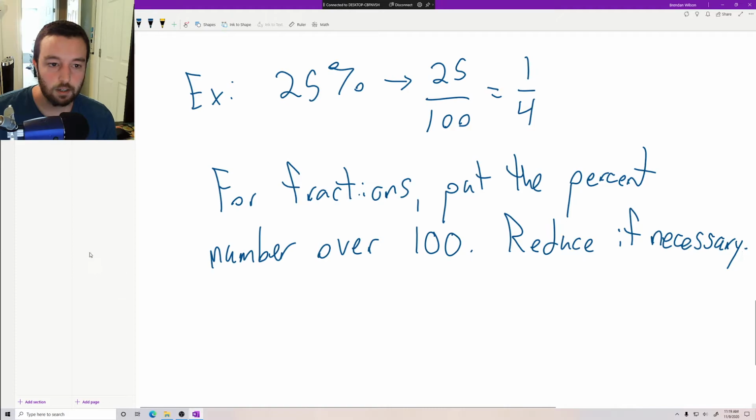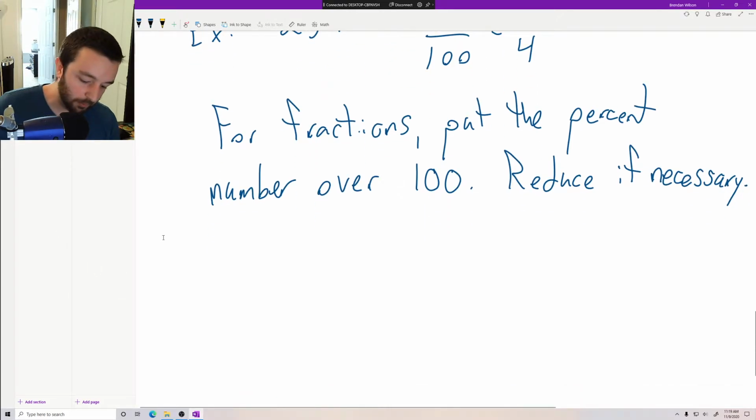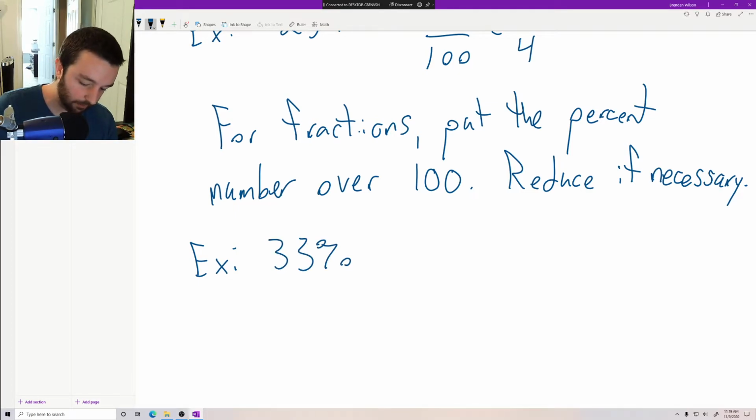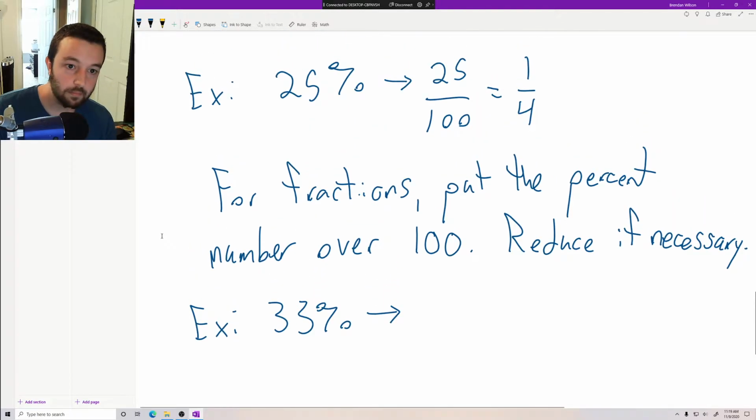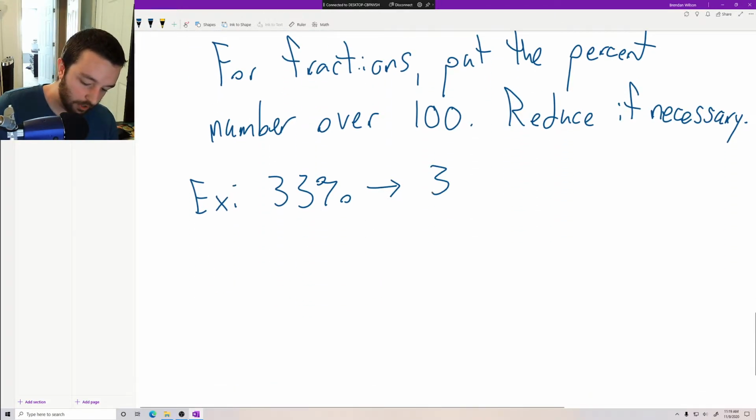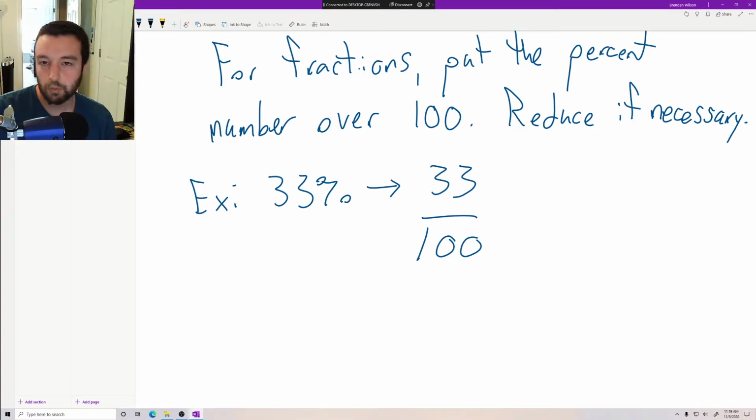Okay. So let's look at a couple more examples of going to fractions, and then we'll look at going to decimals. Okay, so like 33%, for example. We're going to do 33 over 100. And then this one we can't even reduce, so we would just leave it exactly like that.